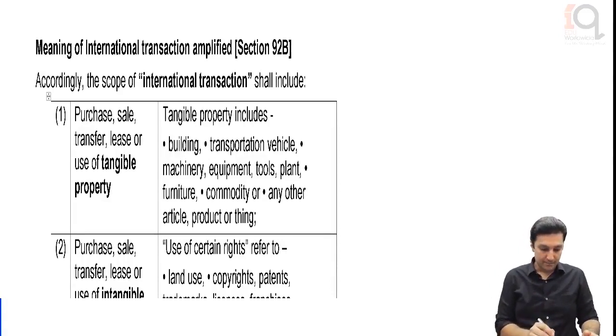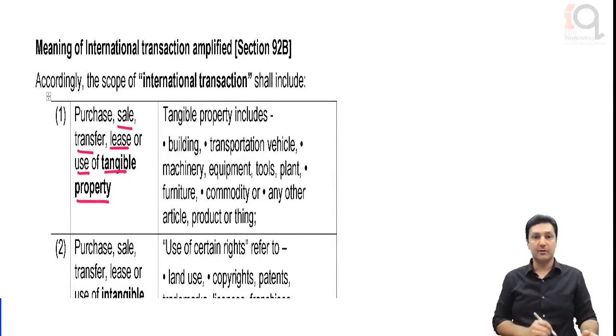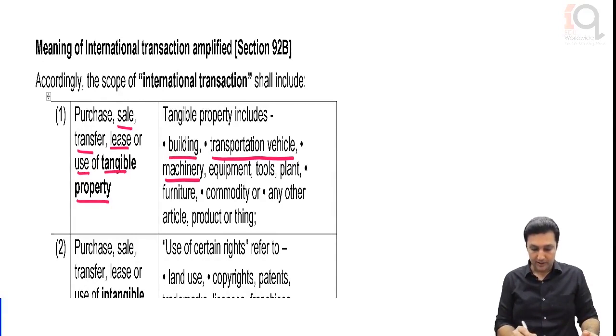He says purchase, sale, transfer, lease or use of tangible property. Now he says tangible property could include building, could include transportation vehicle, could include machinery, equipment, tools, plant, furniture, commodity or any other article or product or thing.